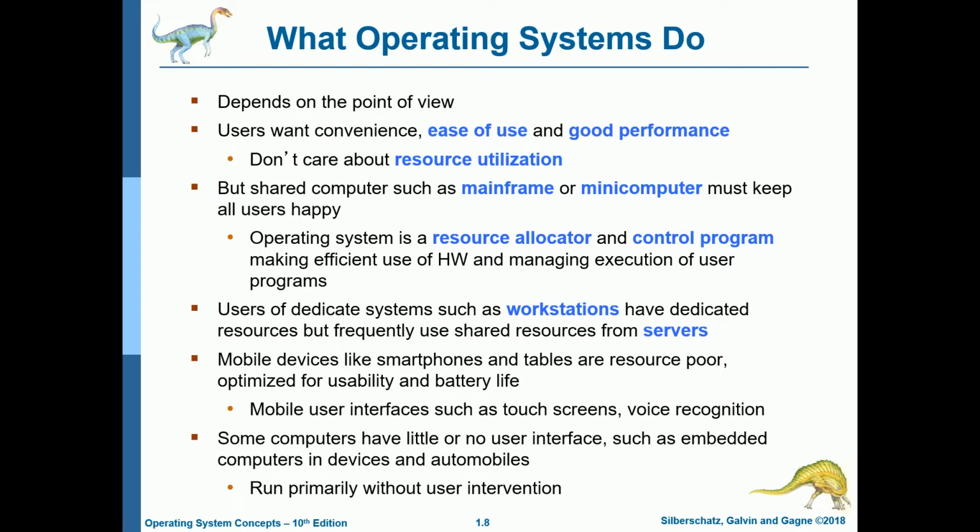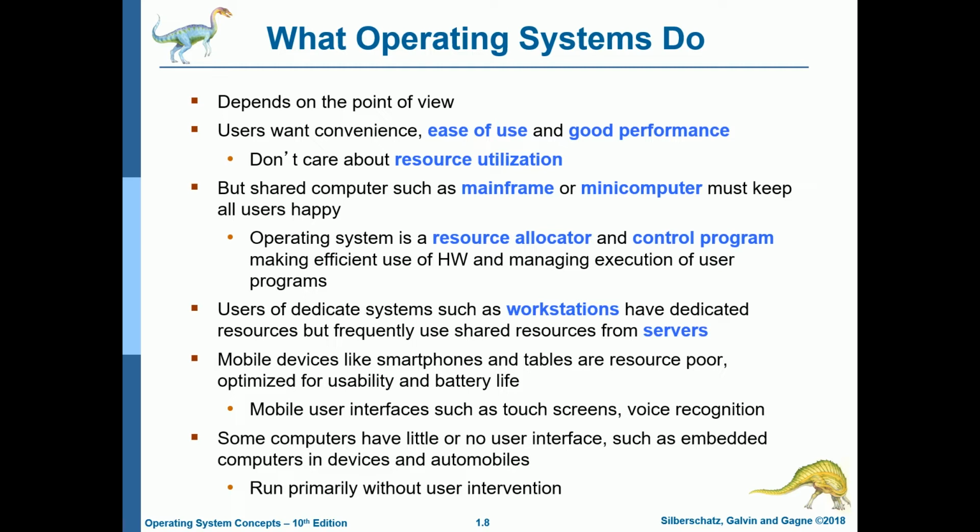However, with a shared computer system like a mainframe or a minicomputer, you have to keep all your users happy. This requires an operating system that is a resource allocator and a control program to make efficient use of the hardware. Another aspect is that users of a dedicated system like a workstation need to have dedicated resources, but frequently share resources from servers.